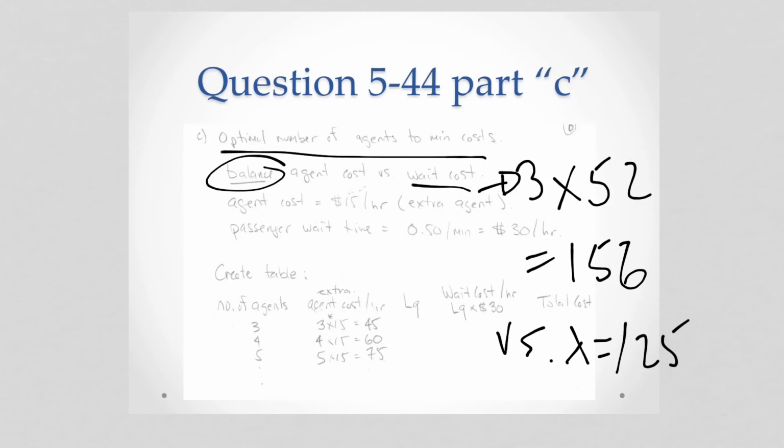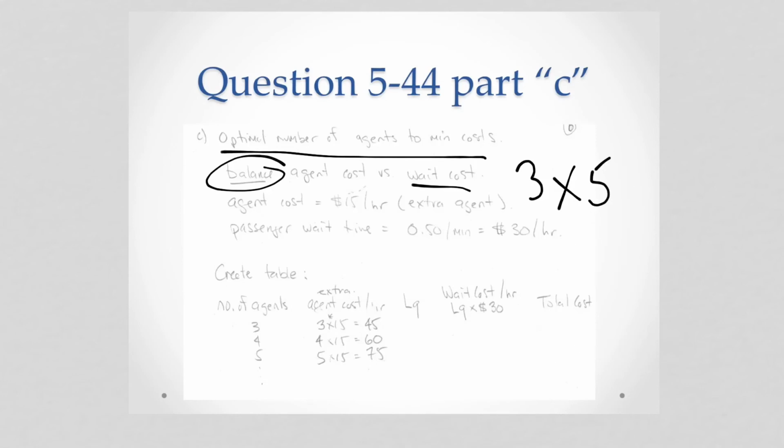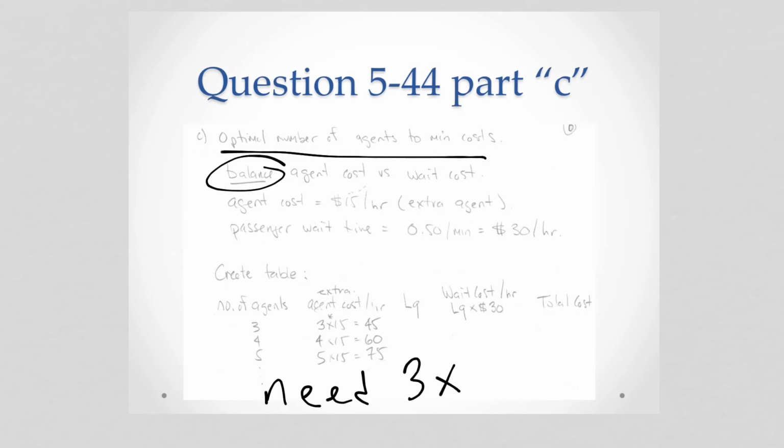If it's not clear, let me know and I will clarify that for you. So that's why we start at 3, because you need 3 times 52, which equals 156, greater than 125.